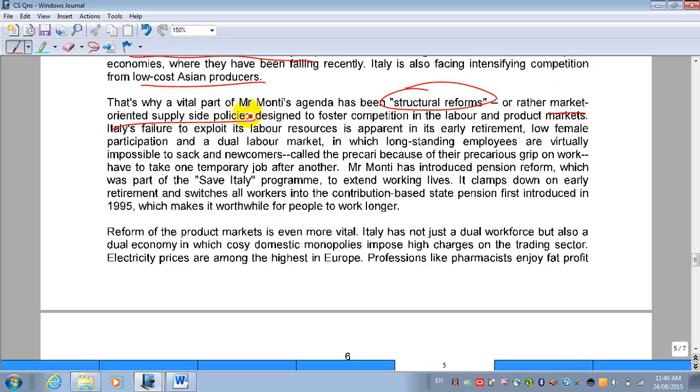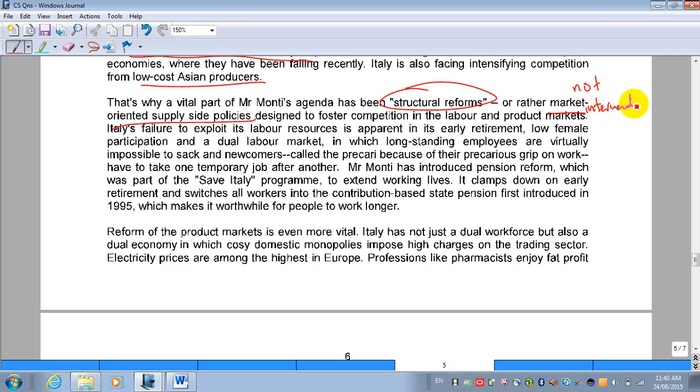Boys and girls, just take note that market-oriented supply-side policies are totally different from the other one, which we call interventionist policies. These are not interventionist policies.